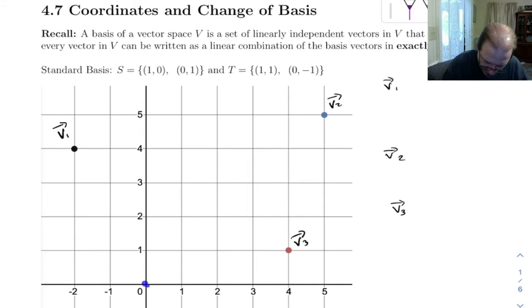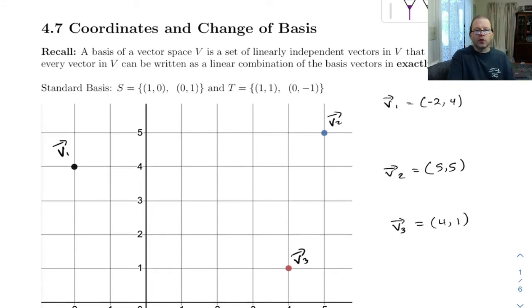V1 is, let's see, -2, 4. V2 is 5, 5. And V3 is 4, 1. Now, what I'm writing over here are the coordinates, and we think of those as the normal coordinates of the points, but those are the coordinates with respect to the standard basis.